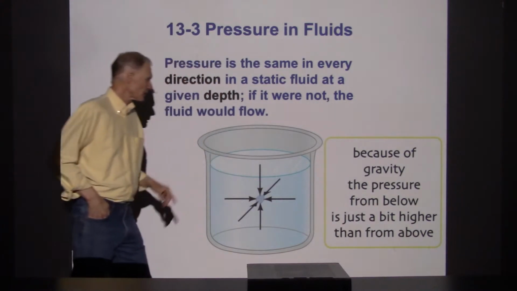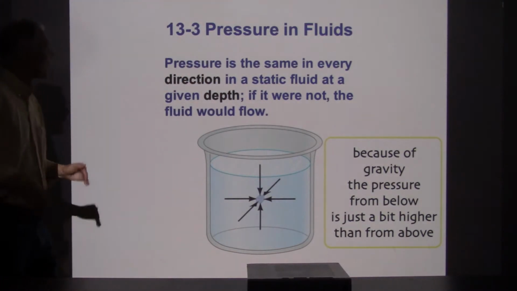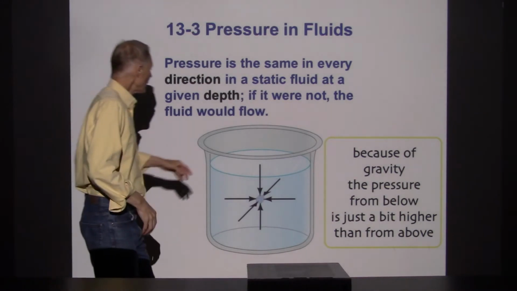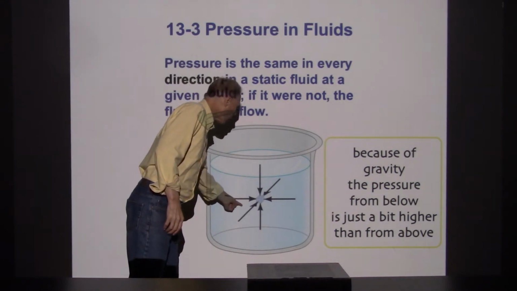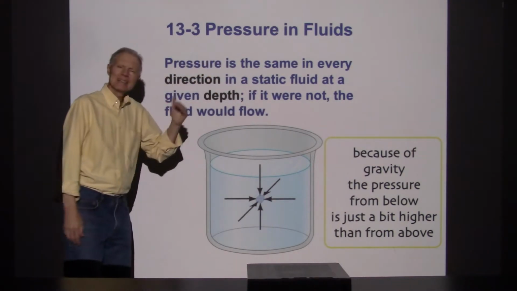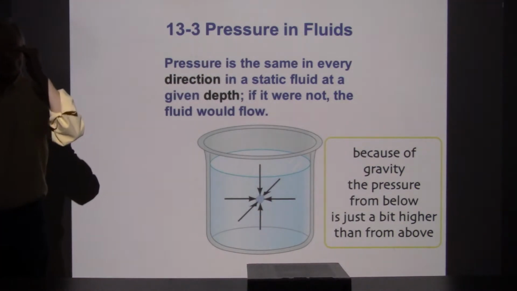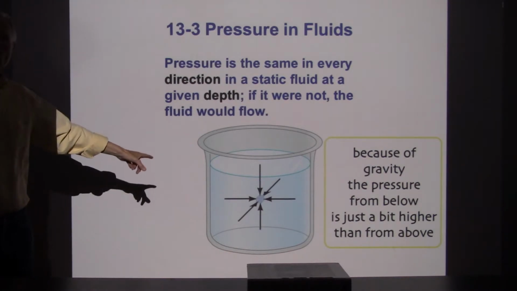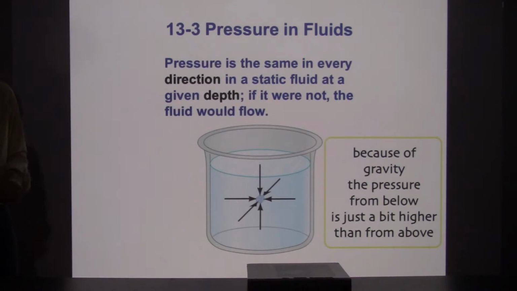Forces due to pressure, because of gravity, the pressure from below actually is a little higher than the pressure above, but the pressure is in all directions. So they're saying it's the same pressure in every direction. That's not quite true. As you drop to lower elevations, the pressure does go up. But the pressure is throughout the material. The pressure exists at every location.